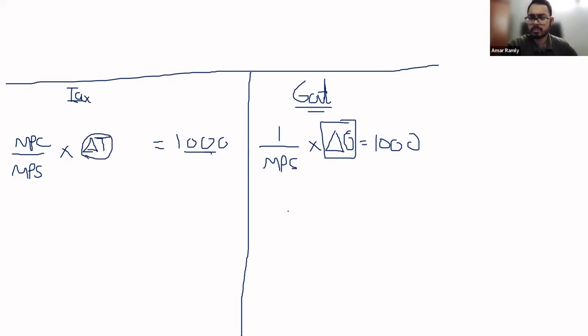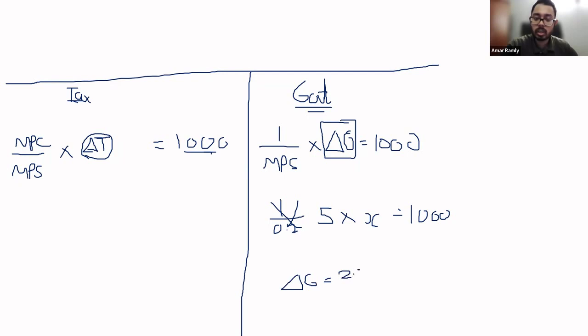Okay, they've given us MPS, right? 0.2. Fair enough. Okay. 1 over 0.2, which is 5. Okay. 5 into change in G equals 1,000. What will G equal to? G, guys, is going to equal 200. An increase in G of 200.